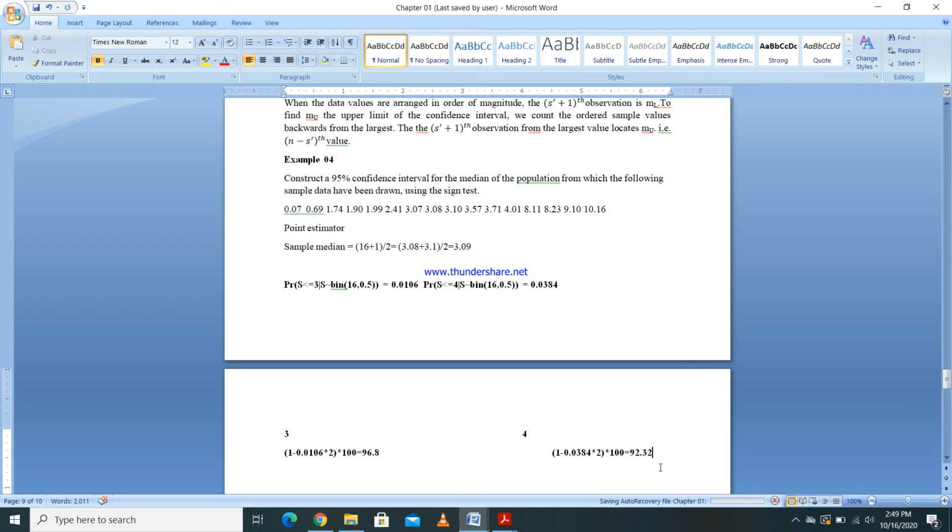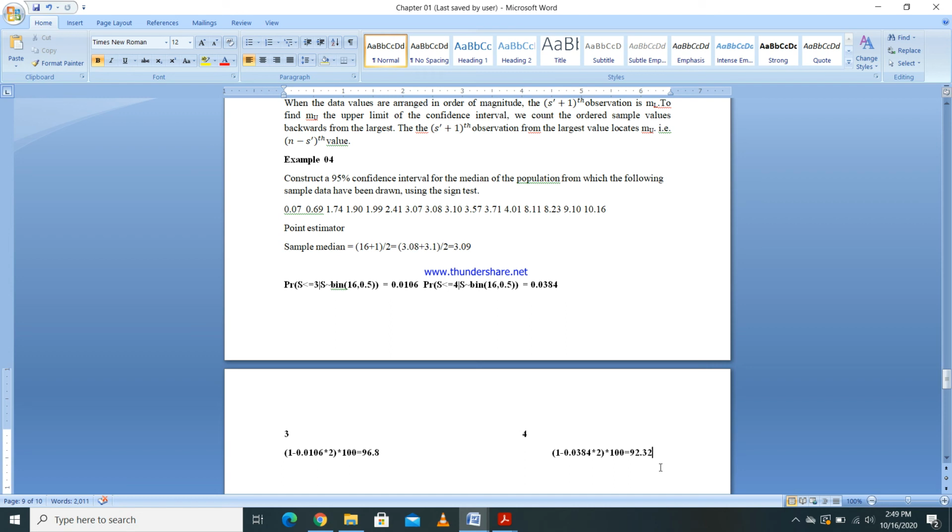When we are using the sign test, we cannot find the exact value. So we go for a wider interval but with high confidence, or we select a narrow interval with low confidence value.